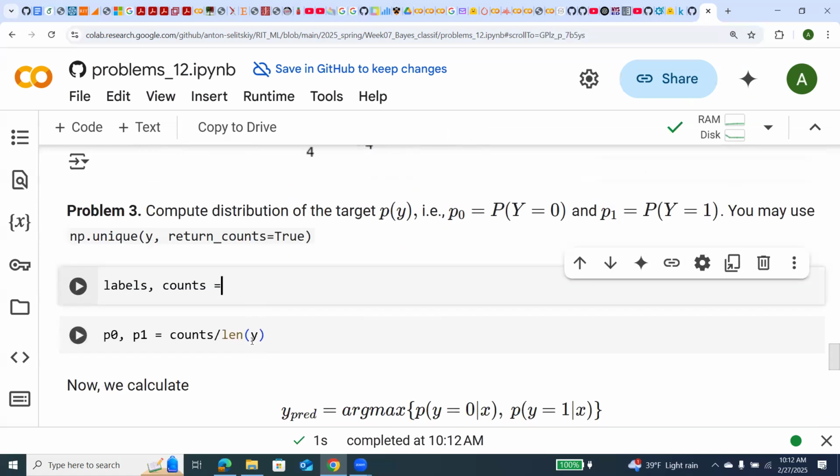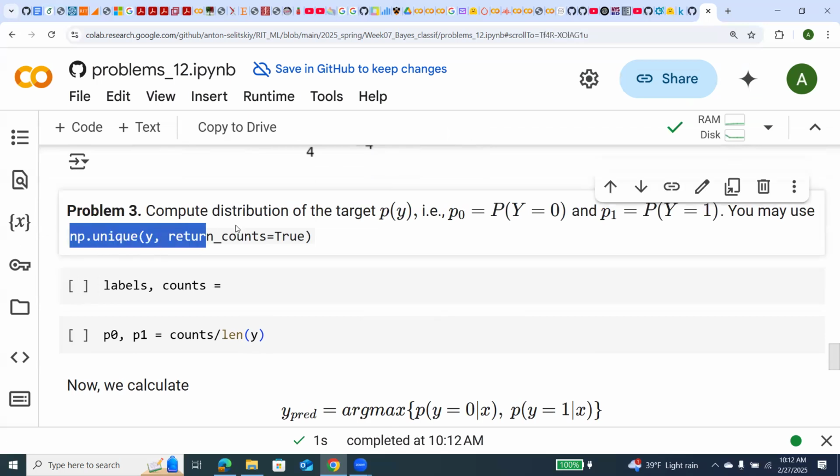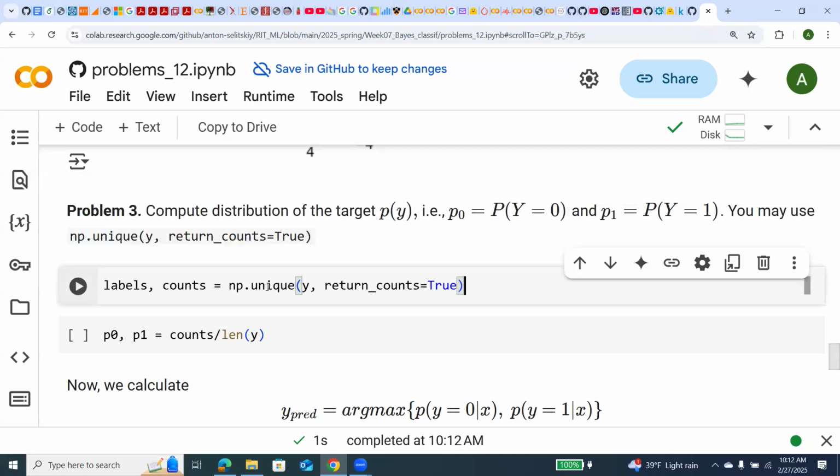And the next step is to calculate the distribution of classes. That's P of y, for which the formula is here, but you can use np.unique, and np.unique will return the counts of unique values.